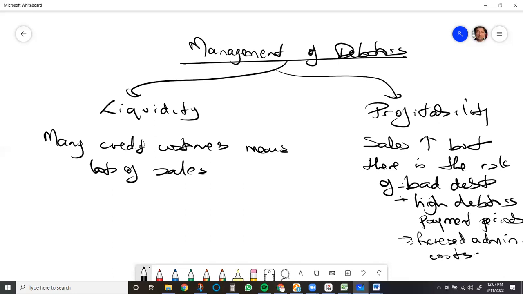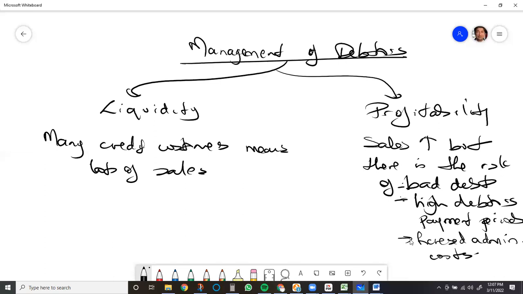The other way to look at this is if a company had a choice, they would prefer not to give any credit at all. So let's assume the norm in the industry is no credit. Then it means that there will be no credit customers, obviously. So liquidity, as far as the amount, would be zero. And profitability, there'll be no risk of bad debts, no high debtors payment period, no increased admin costs, and so forth.